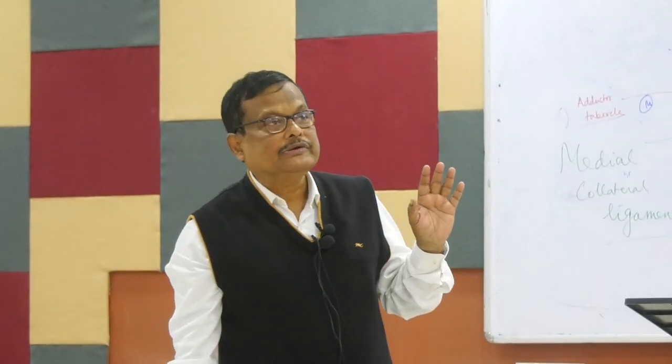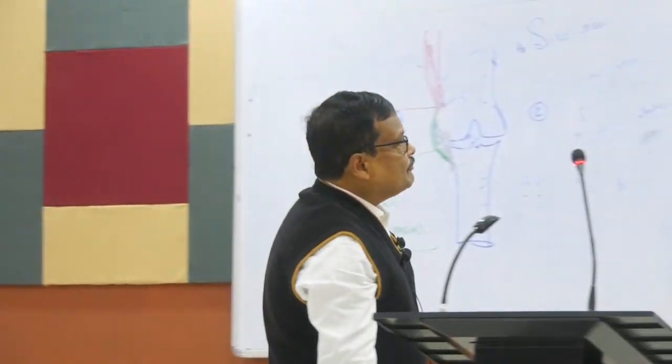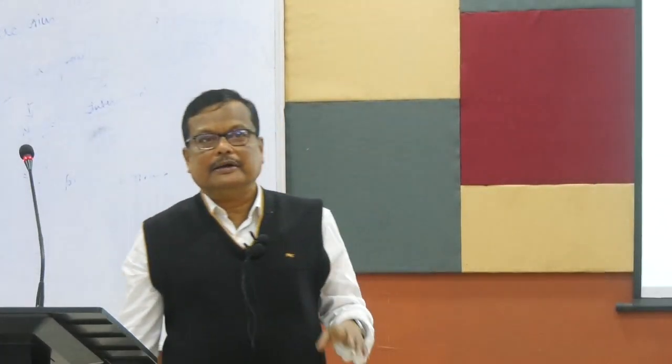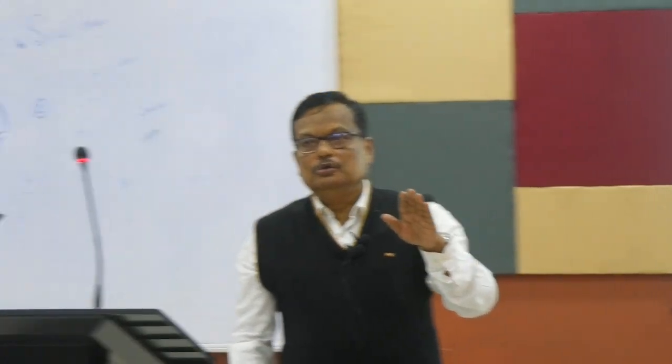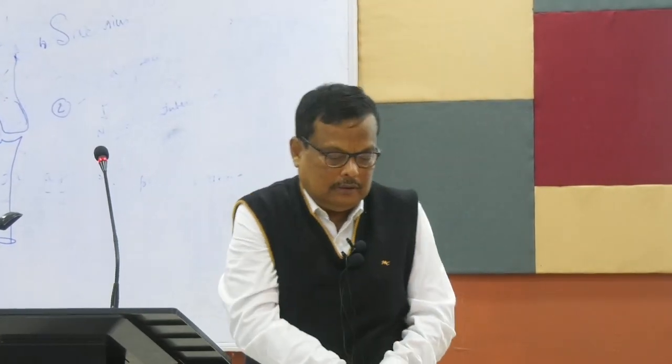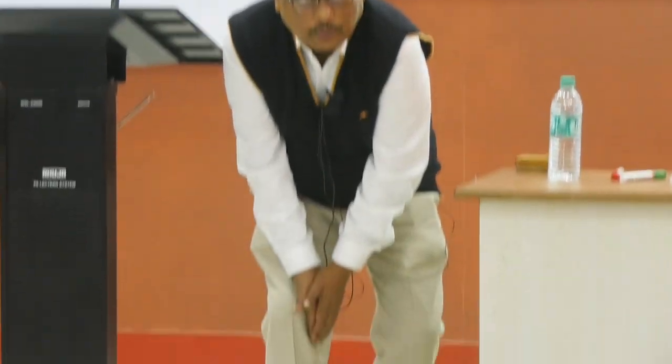So the tibial collateral ligament, morphologically, represents a degenerated tendon of the adductor magnus muscle. I have already explained to you. Number 2, it has two parts. Though a ligament, it has a superficial component and a deep component.